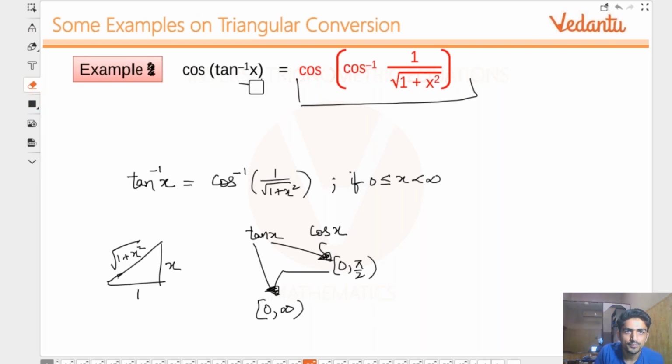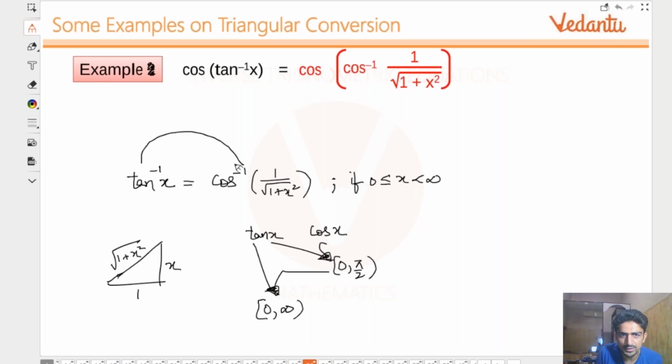Now, guys, point is, when you are converting inverse to inverse, certainly you can write this as this only for this x. Not always. But now is the main point: if there is a trigono function outside, then you need not worry about any condition.